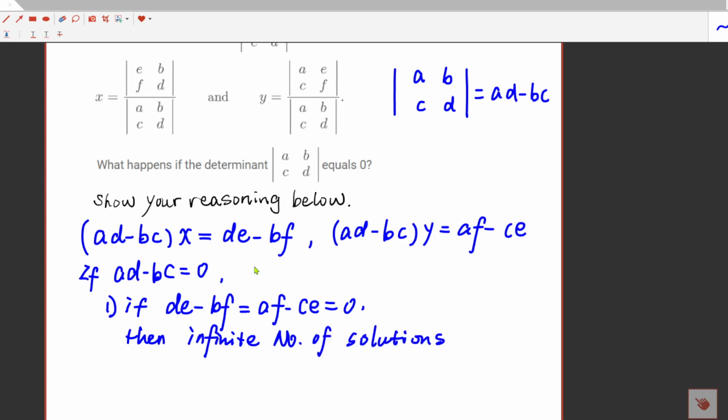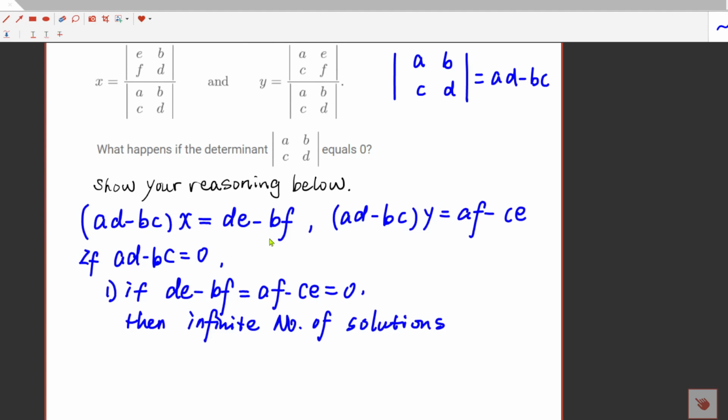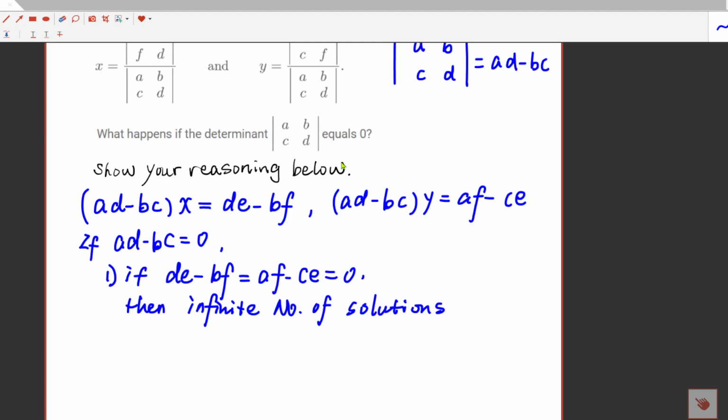Because no matter what x and y are, the left side is always equal to the right side. Both of them are just zeros, right? And in this case, one equation is actually just a constant multiple of the other.